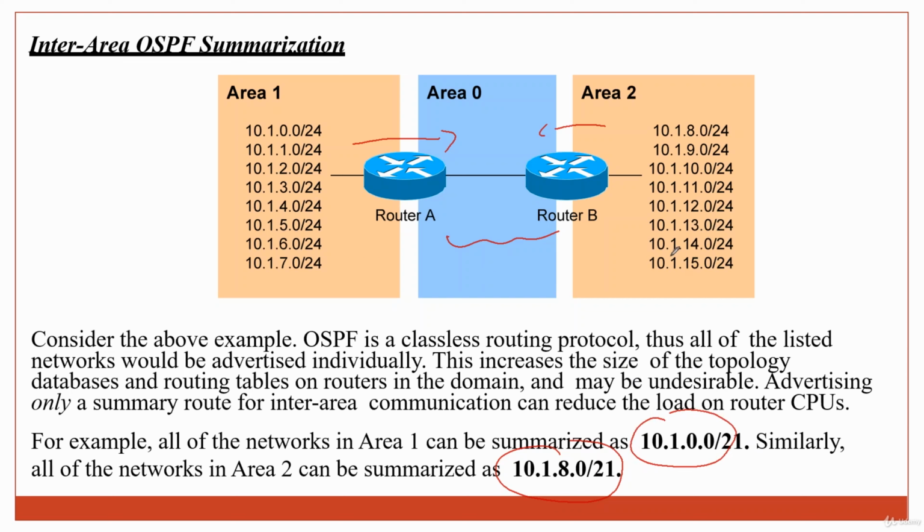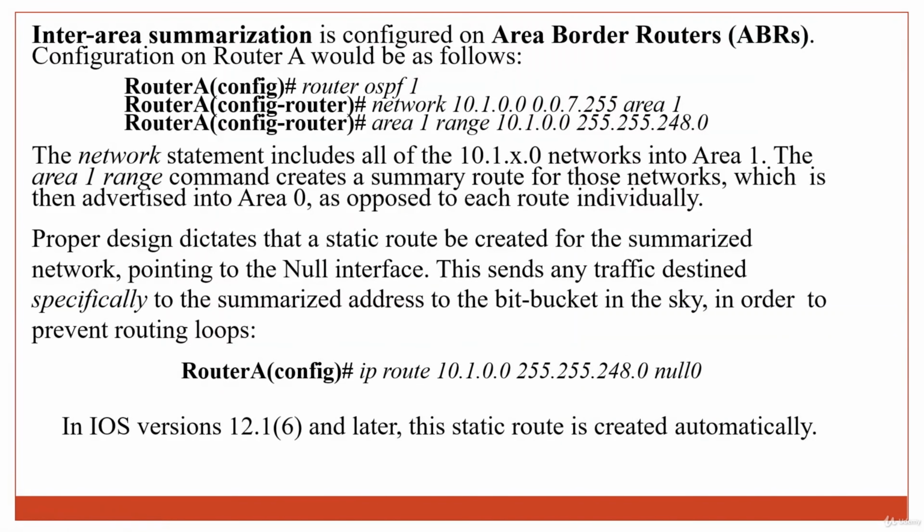Correct? So in that case we are sending only one update and our routing table will be efficiently utilized. Doing so, we can reduce the load over the router CPU. This is one of the interesting use cases we have with inter-area OSPF summarization.